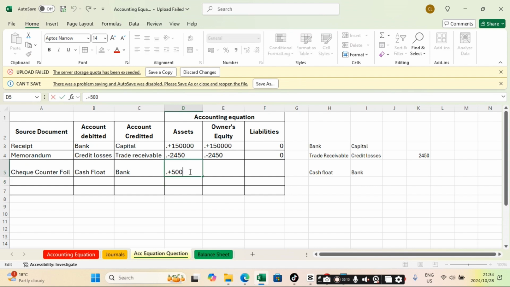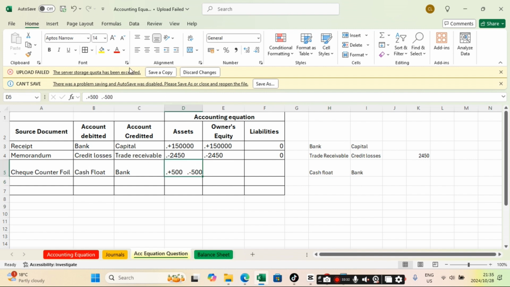Okay, let me just do this. Our bank is also affected. The bank is also an asset, so how is the bank affected? The bank was affected negatively, so it's minus 500.